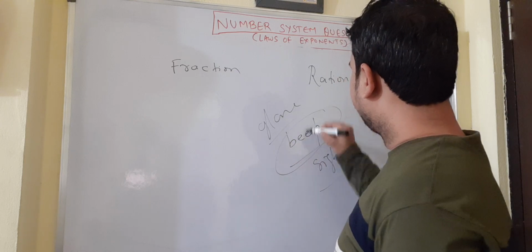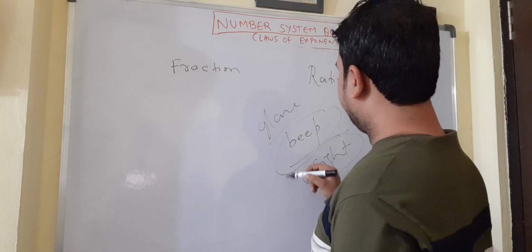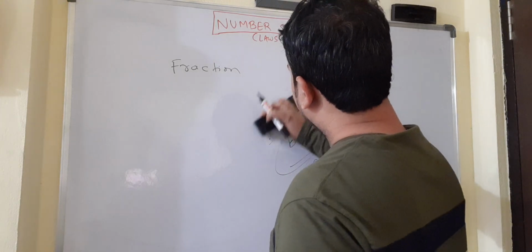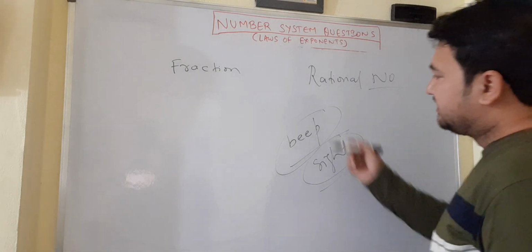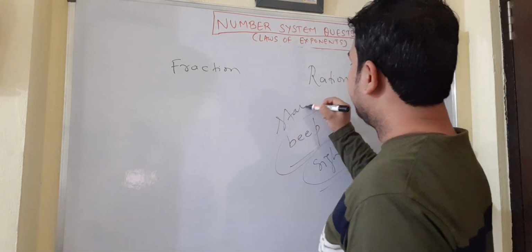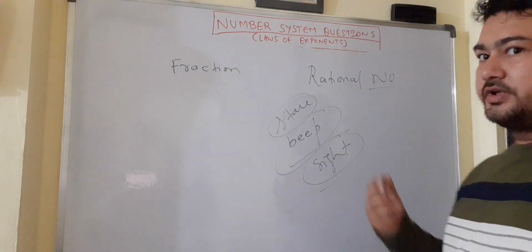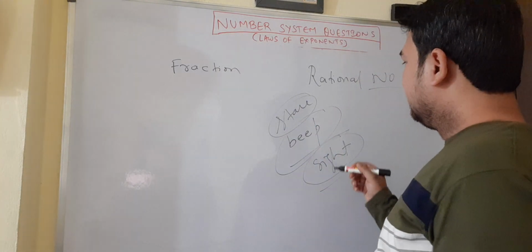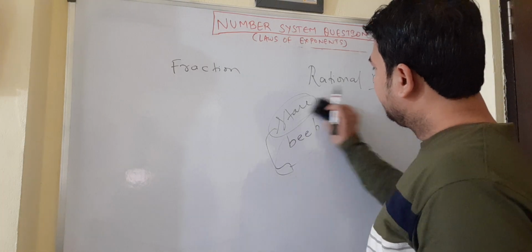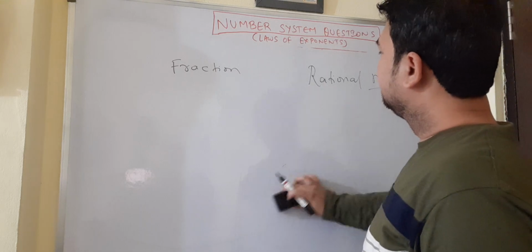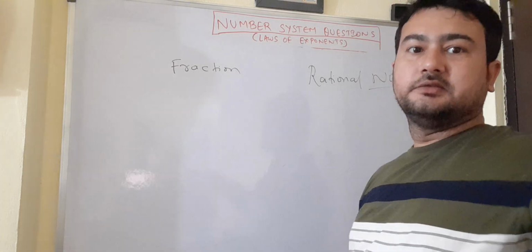Beep and sight, these are for looking. And stare, yes, stare has a different meaning. All these are used for looking, but they all have different meanings. So different words, different meanings are there. Similarly, fraction and rational numbers, they have different meaning.